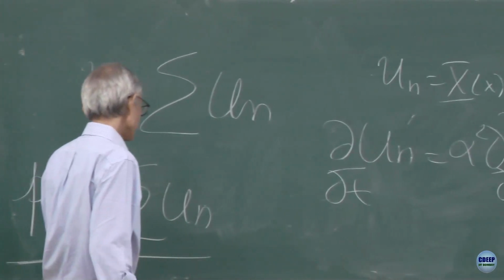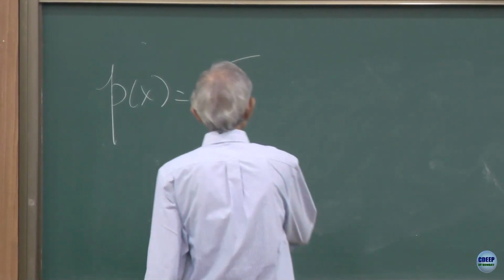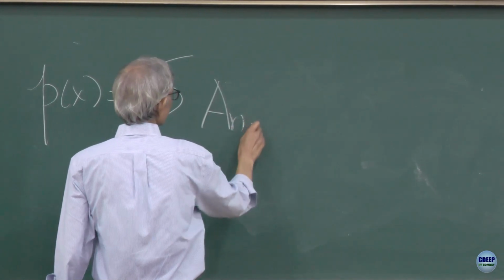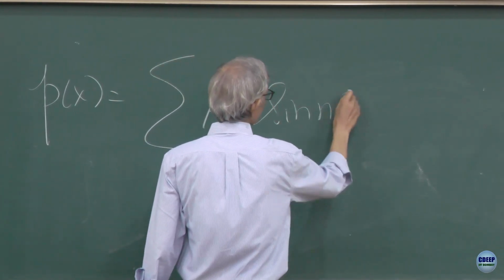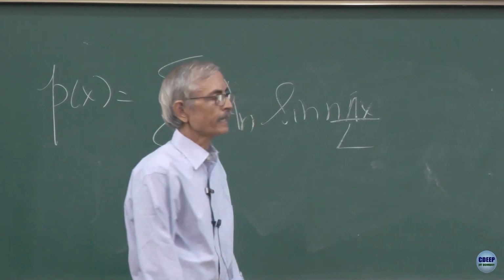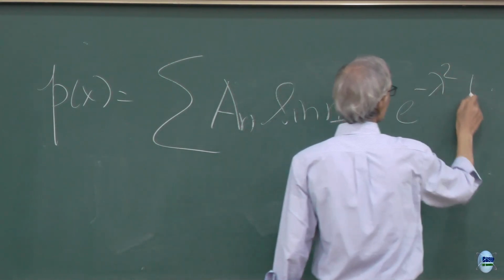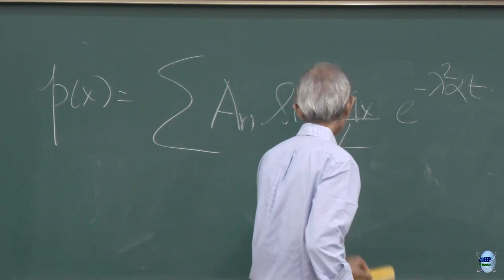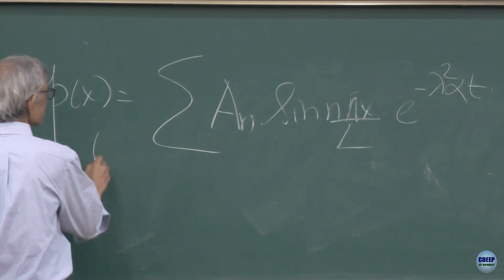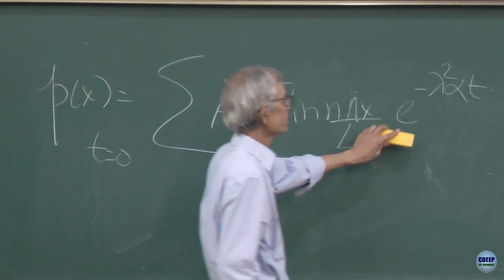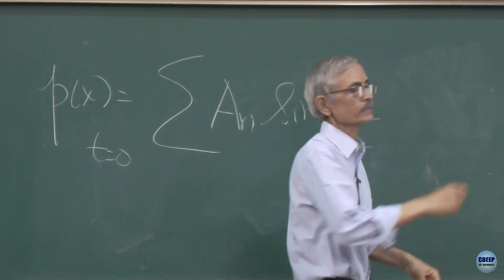So P of x is the summation of all these UNs, which had those eigenvalues: sine of n pi x by L, and e to the power of minus lambda square alpha t, and this is at t equal to 0, so we can get rid of this term here. That's what's written up there.